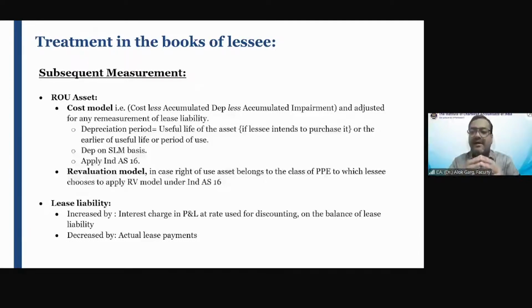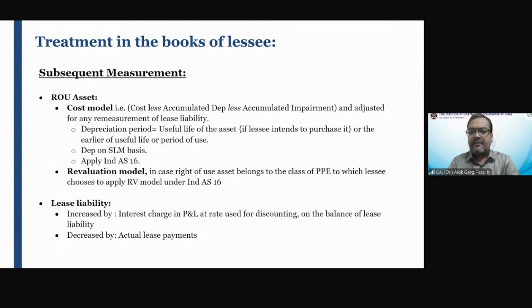If you have some underlying asset, the similar underlying asset, for example, you have taken a building on a lease basis and some other buildings are also there, right? So if you are applying a cost model for owned building, you will apply the cost model to this ROU as well.